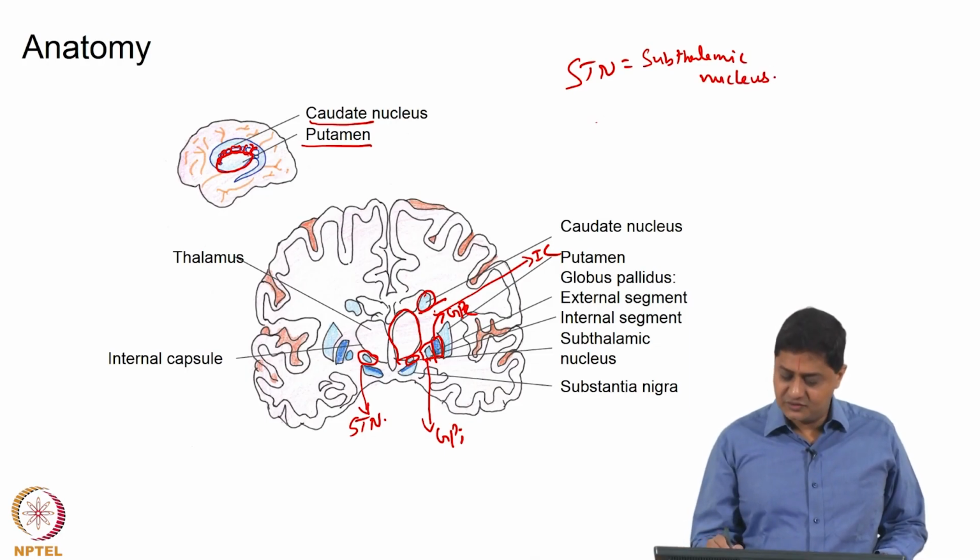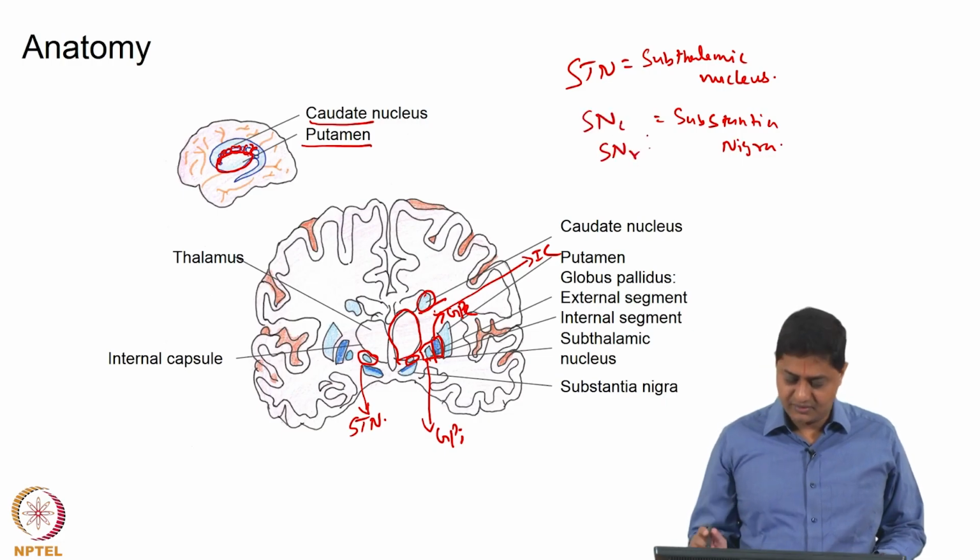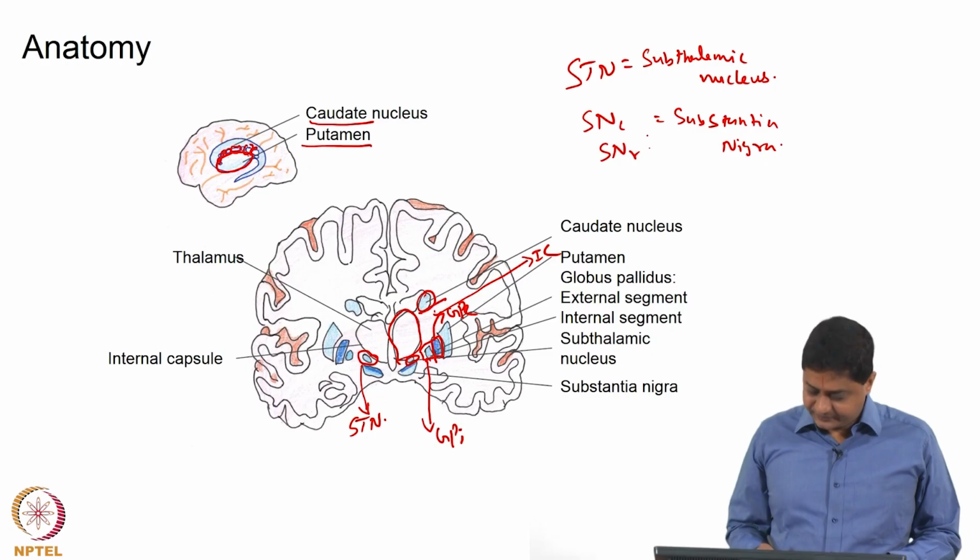Sometimes this is also used to refer to substantia nigra, but in this class we will refer to subthalamic nucleus as STN and substantia nigra as SNC or SNR, okay, for clarity.